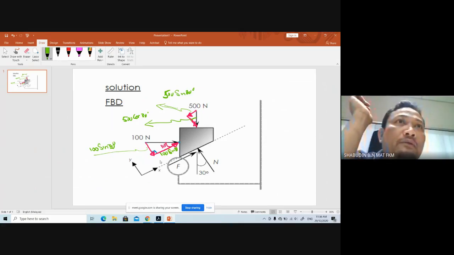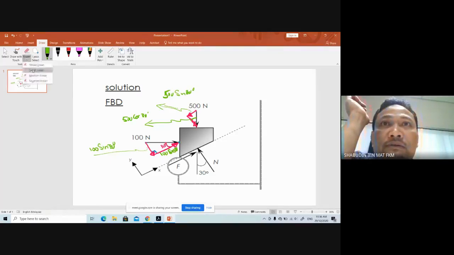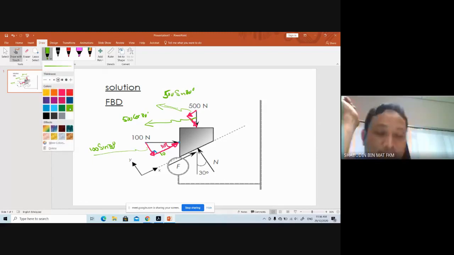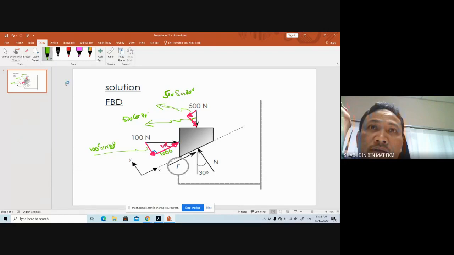I erased it because I was afraid it would confuse you. 100 cos 30 degrees, that one. So in X, you have 100 cos in X.